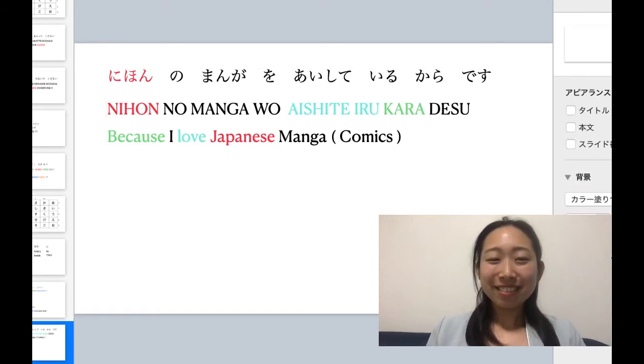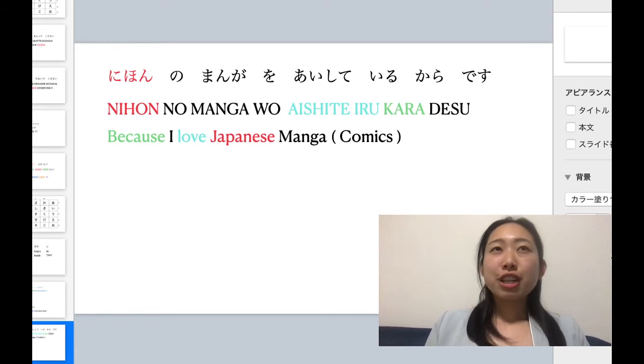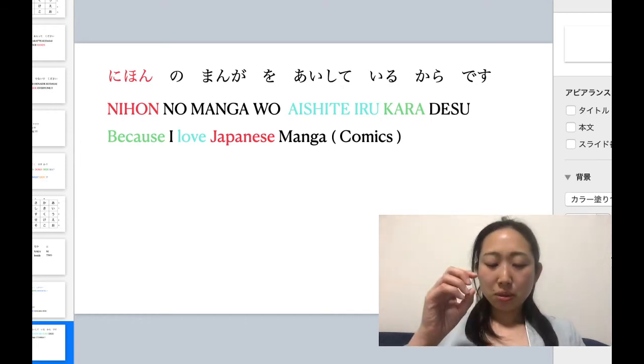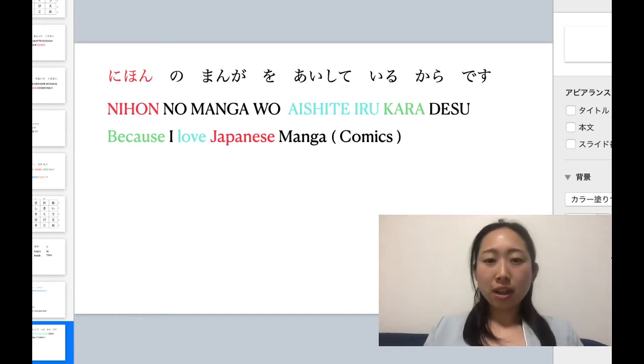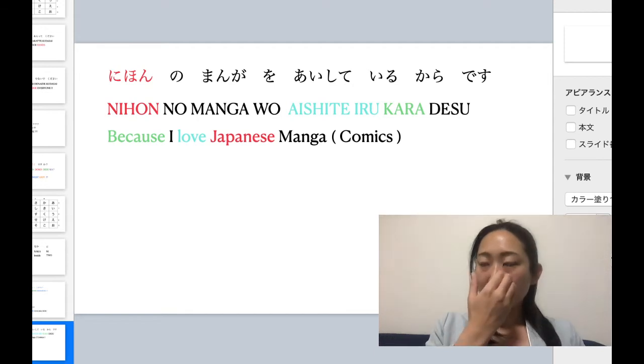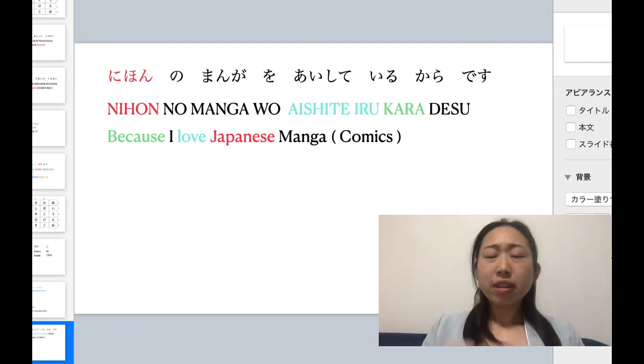But 愛してる is a little too much sometimes. Like you dedicate yourself to collecting all the mangas, or you watch every single episode of it. When you really love it, you can use 愛してる.